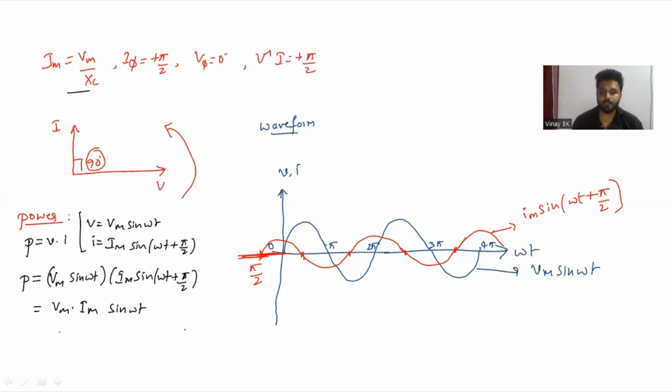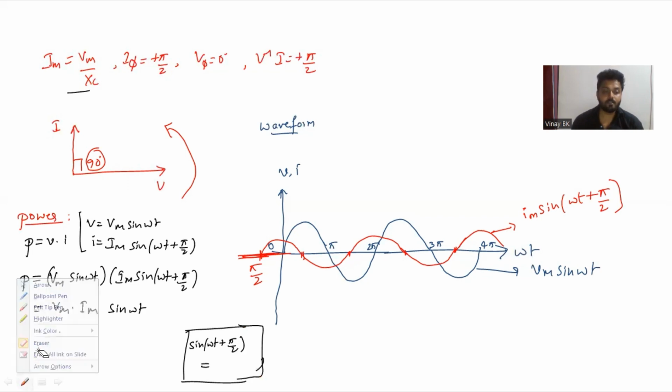We know that sine omega t plus pi by 2 is nothing but cos omega t. So you can write it as Vm into Im sine omega t into cos omega t.